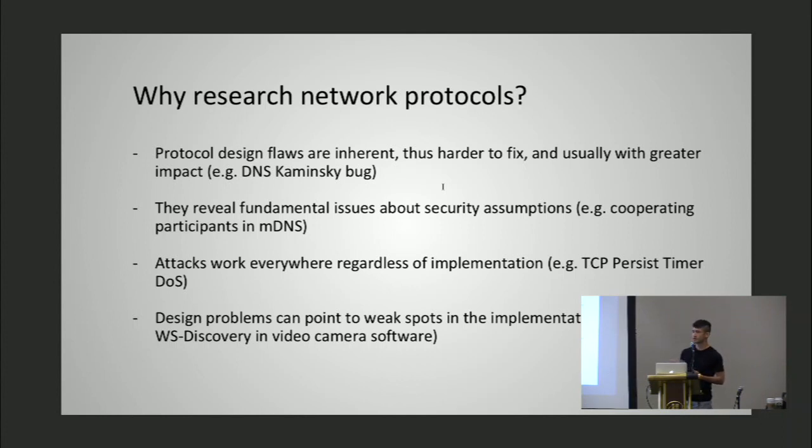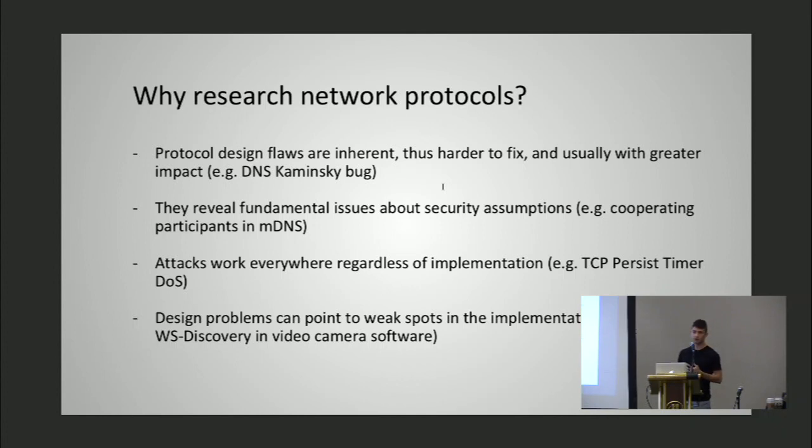Because that is inherent in TCP, it's not just an implementation bug. It has a bigger impact, first of all. In a similar way, things like the DNS Kaminsky bug from years ago were all based on the same principles: it's not just an implementation thing, but since it's based on the core of the protocol itself, it can be harder to fix.